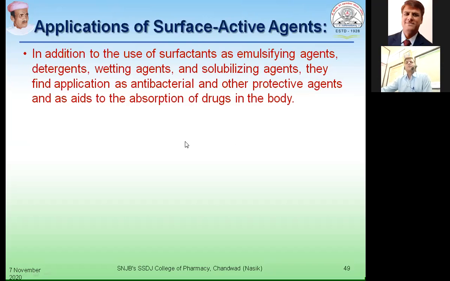Similarly, absorption of the drug across a biological membrane will be possible only when the molecules of the drug are in proper form, lipophilic, as we have discussed, to permeate across the biological membrane. So if there is interfacial tension existing between these two, that can be reduced by surface active agent.